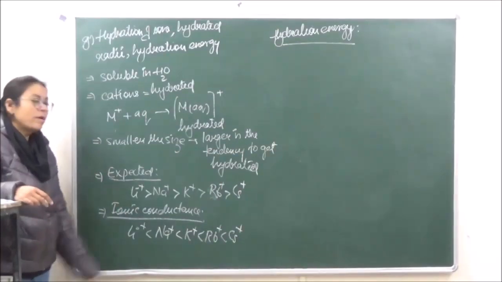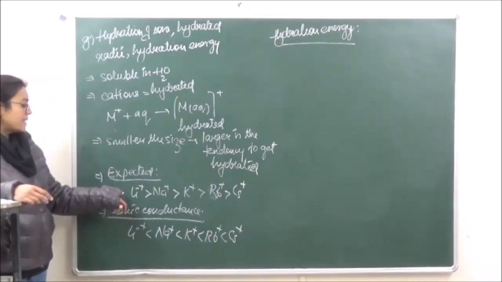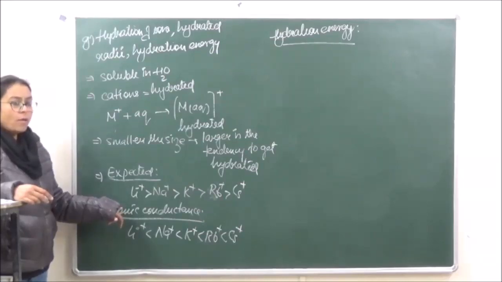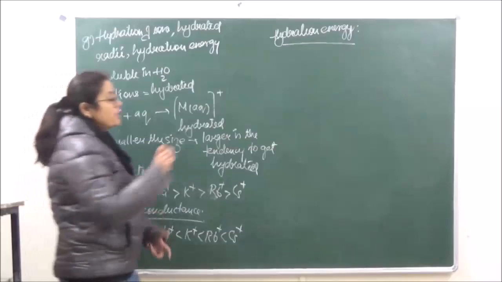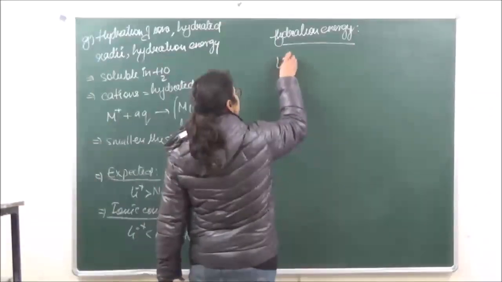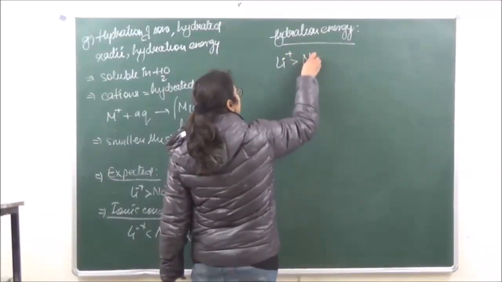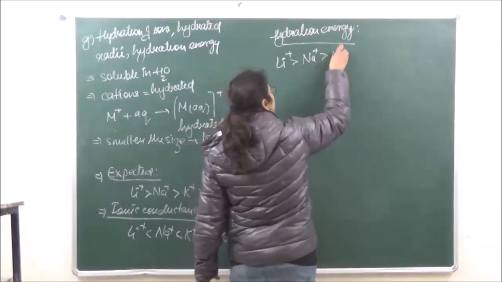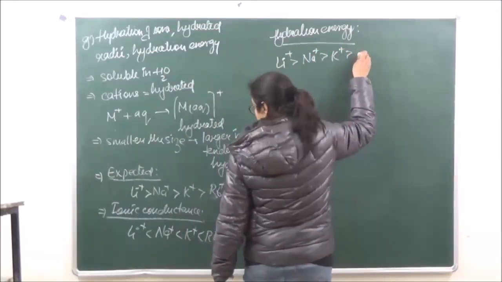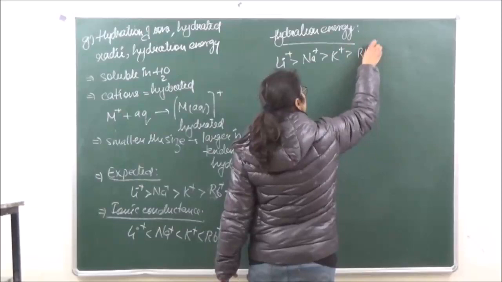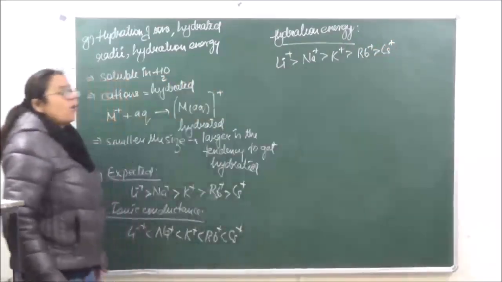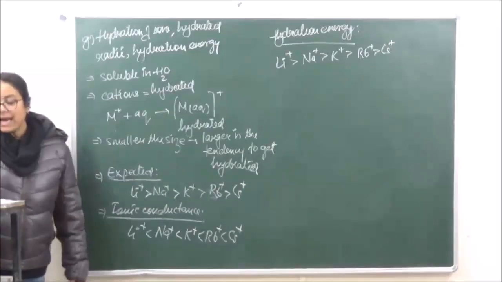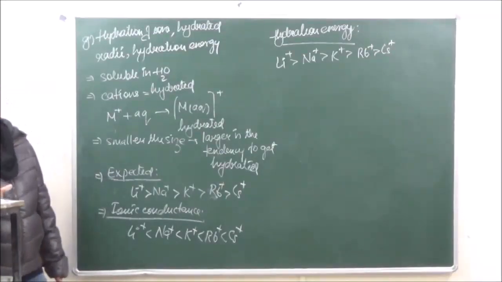The more easily a hydrated ion is formed, the more negative is going to be its hydration energy. So hydration energy will keep on decreasing as we go down the group, and the tendency to form hydrated ions will also keep on decreasing.